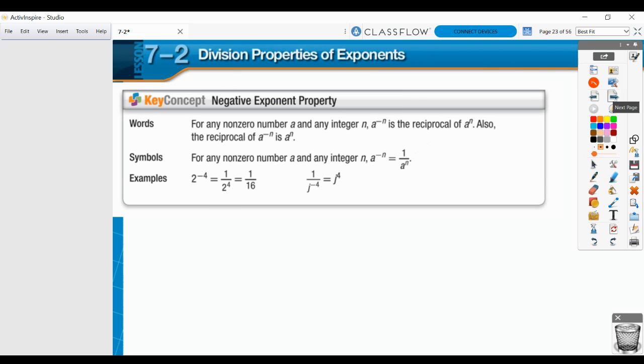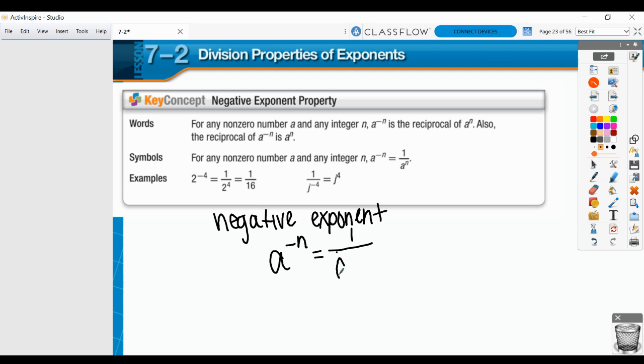Okay, the next property is the negative exponent property. So the definition is any number raised to a negative power. You have to get rid of the negative. And the way that you do that is you flip it over the fraction bar and you make the exponent positive.